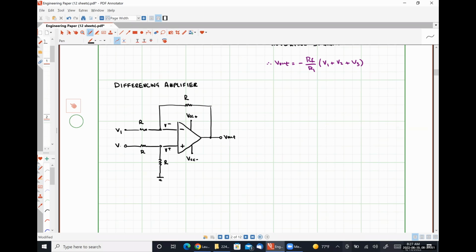And I'm going to apply an input signal V2 at that left-hand leg of the bottom left R. Okay. So we are actually applying an input signal through a resistor network to the non-inverting input terminal and an input signal through a slightly different resistor network into the inverting input terminal. Okay.